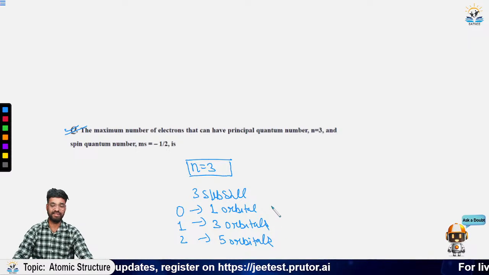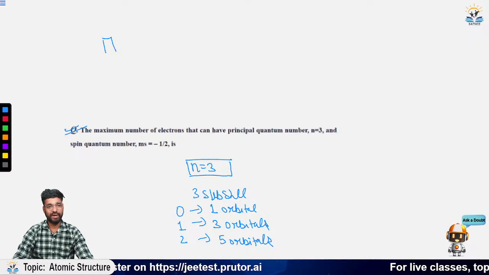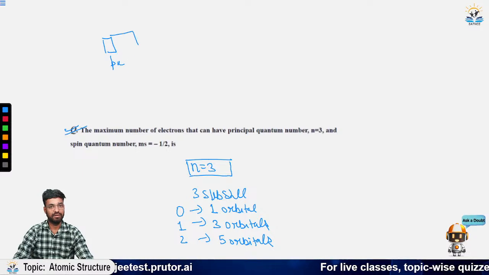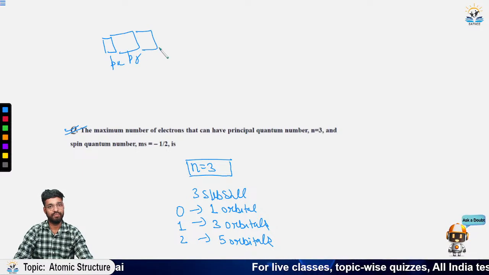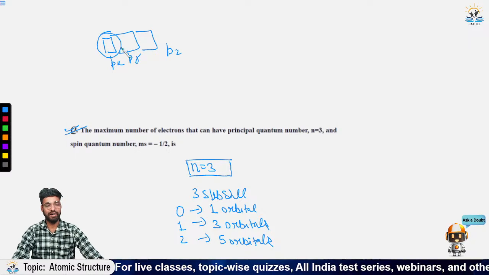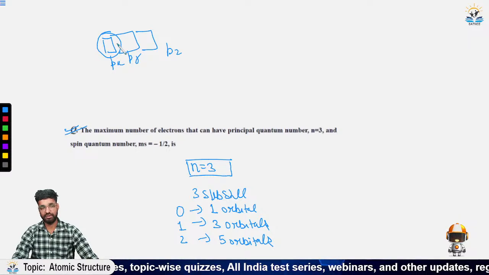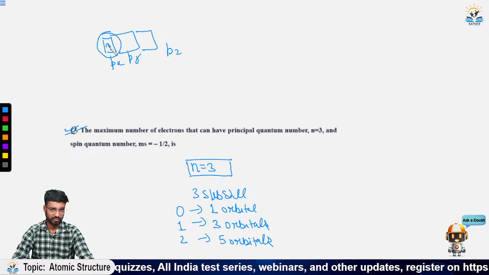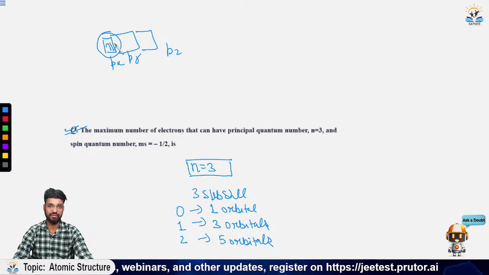Now one more thing I have left: this one orbital, that is px or py or pz, can have only two electrons, and both electrons in one orbital will have different spin.